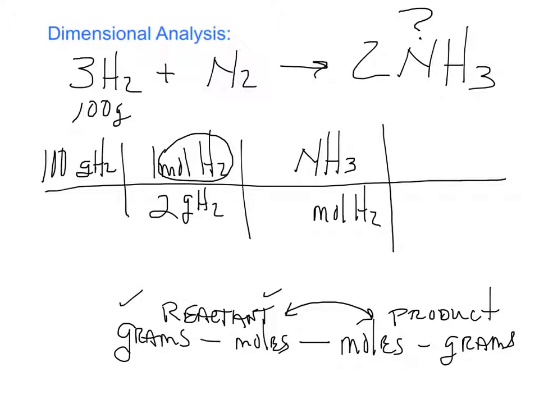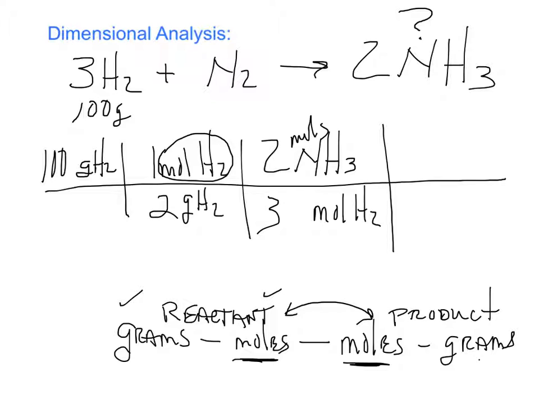Now I need to look and see what my balanced chemical ratio is. And this tells me that there's 2 moles of ammonia for every 3 moles of hydrogen gas. So now I'm at moles over here because these are all in moles. I just jumped from this area all the way over to here.